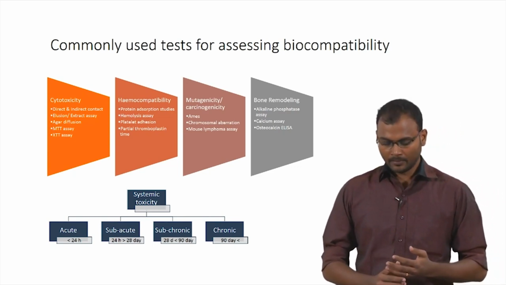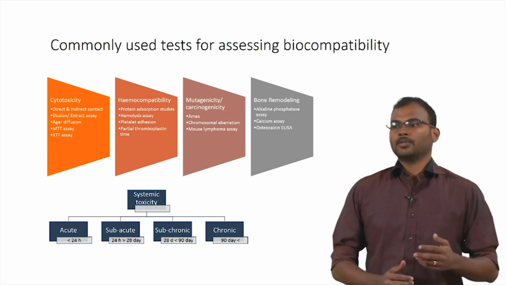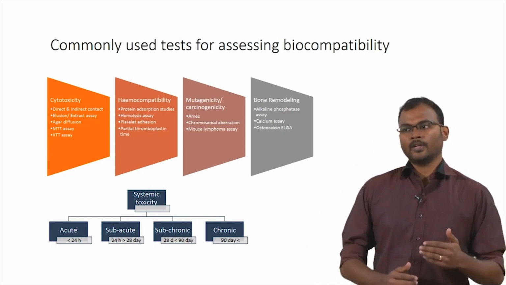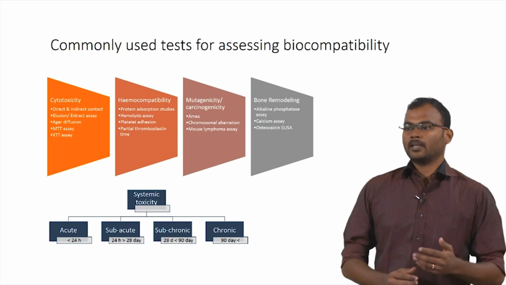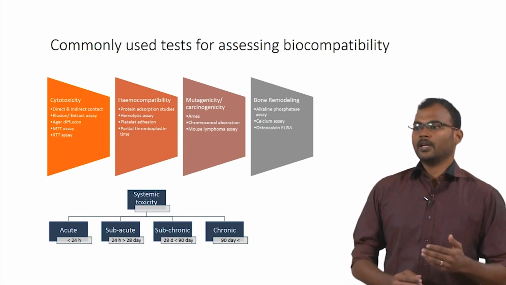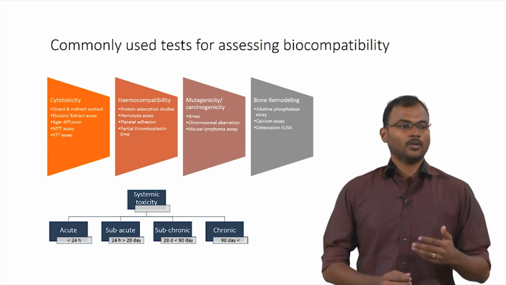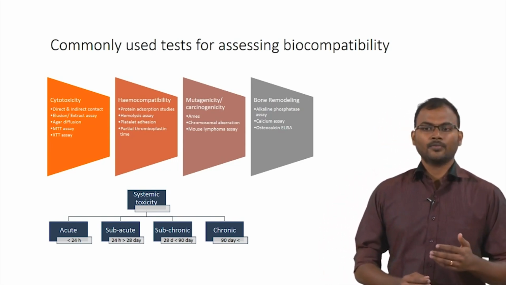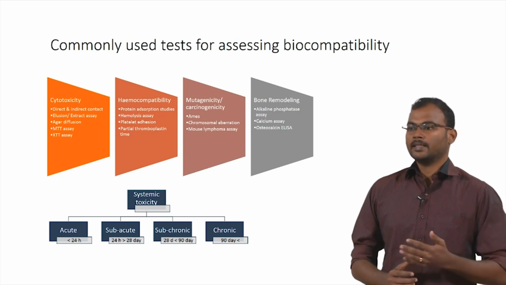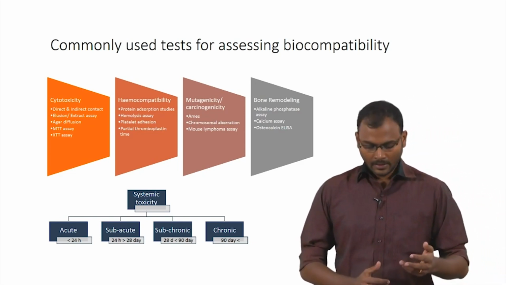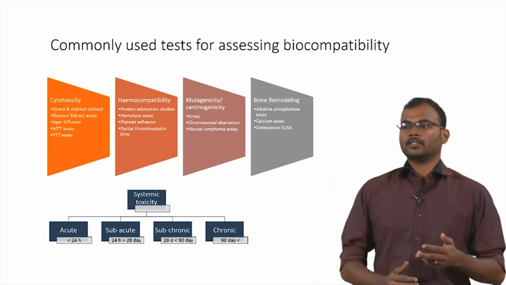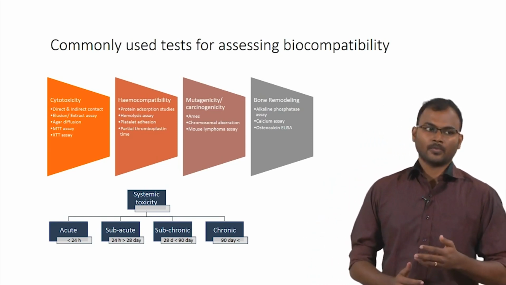In bone remodeling, the main factors we will look at include the alkaline phosphatase assay. In bone remodeling, when you are using a dental implant or orthopedic implants where you have bone cements, that will lead to integration of the host cells, osteoblast cells, leading to an increase in calcium content and phosphate content, and osteocalcin is a major marker for bone cells.